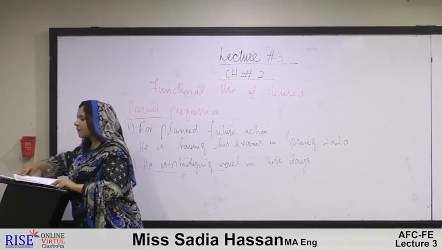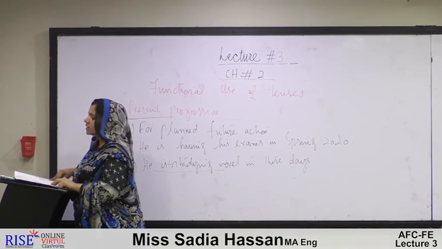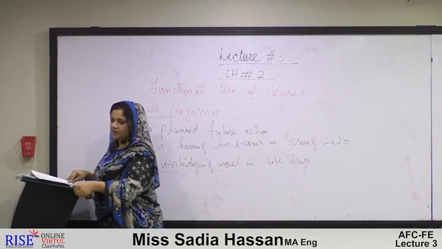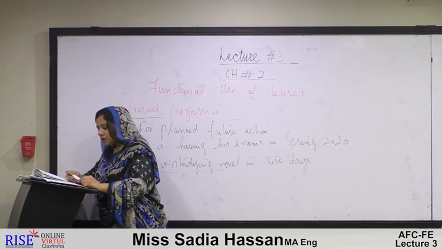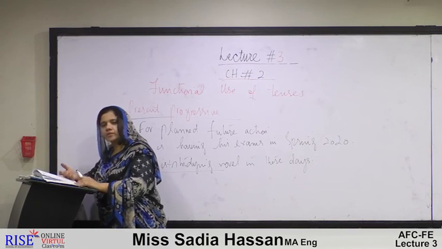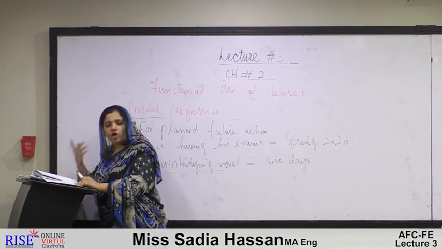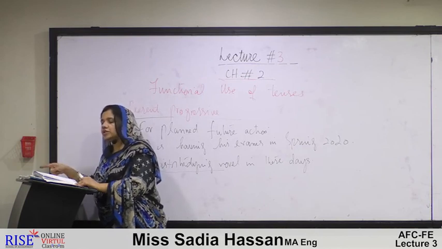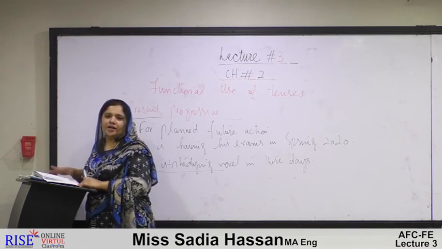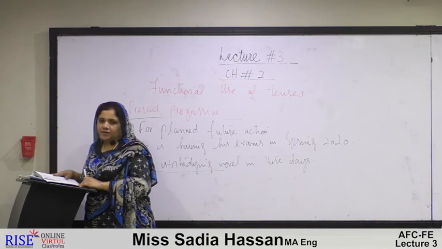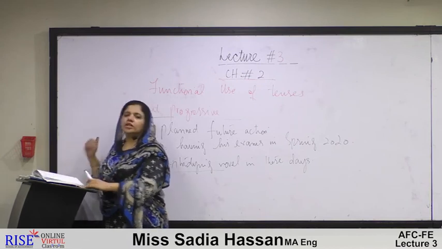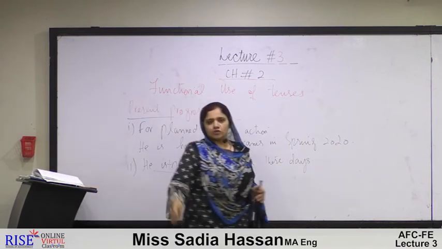That practice involves some of the other uses of tense as well, or some of the other topics which are included in chapter number 7. So it will be more convenient to practice this exercise when we complete this topic. Okay, so this was all with the structural and functional use of tense.